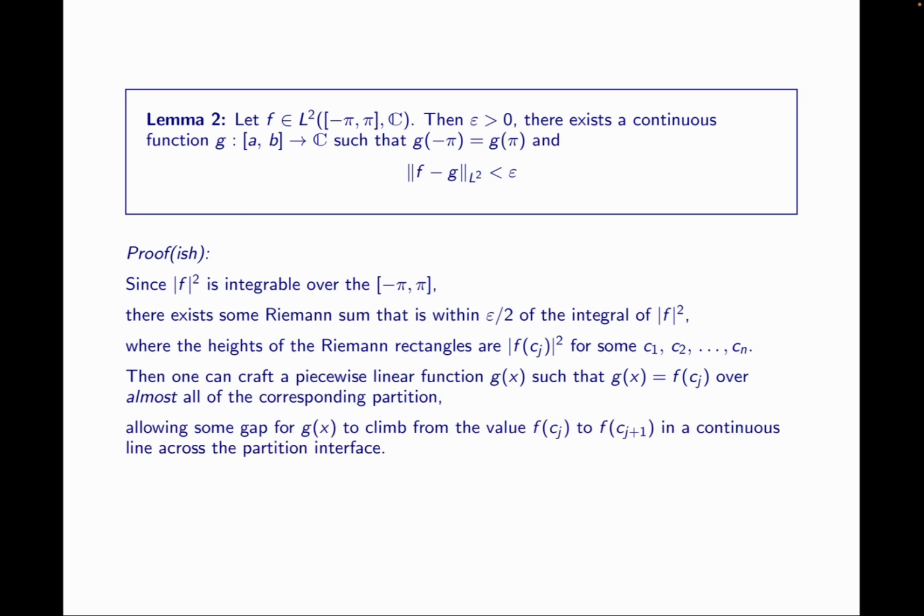But I could allow some gap for g to climb from the value of f of cj to f of cj plus 1 in a continuous, albeit steep, line across the partition interface. And if I make these gaps where the line goes from f of cj to f of cj plus 1 small enough, then g of x will in fact satisfy lemma 2.